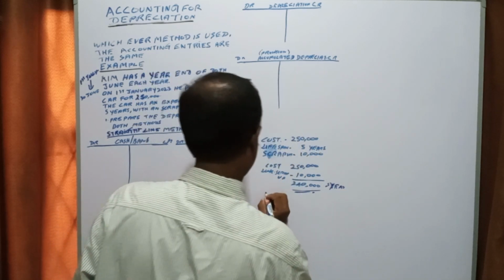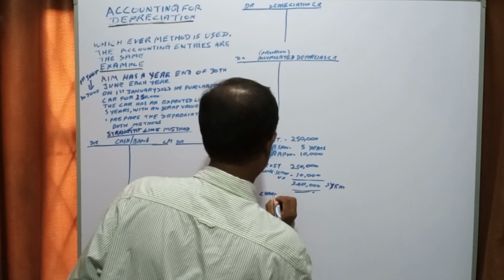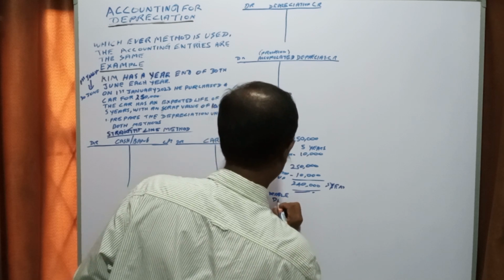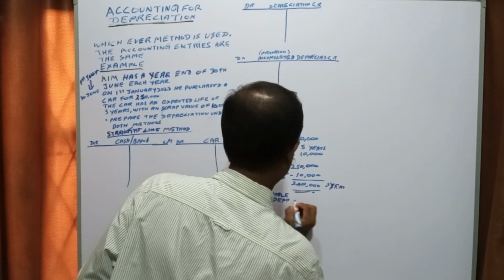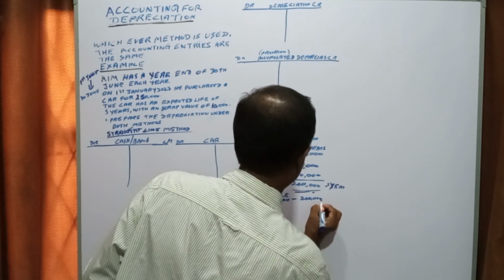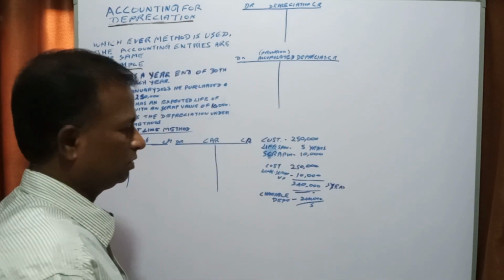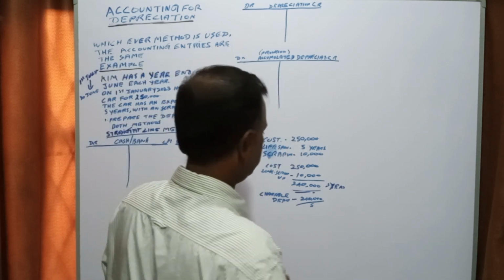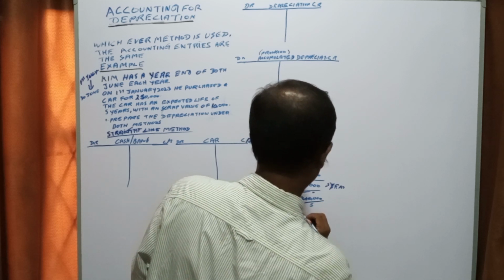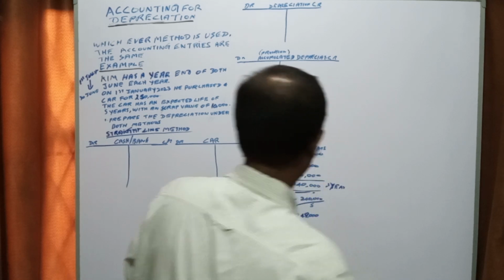Each year the chargeable depreciation is 240,000 divided by 5.